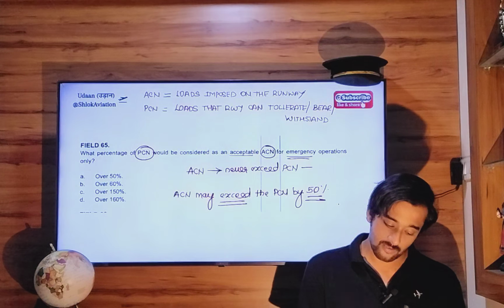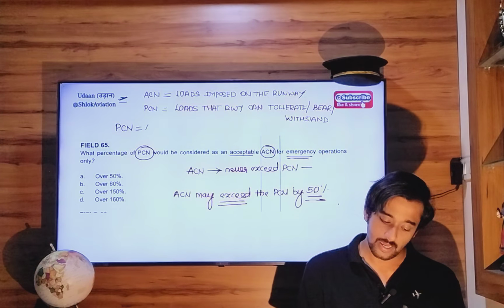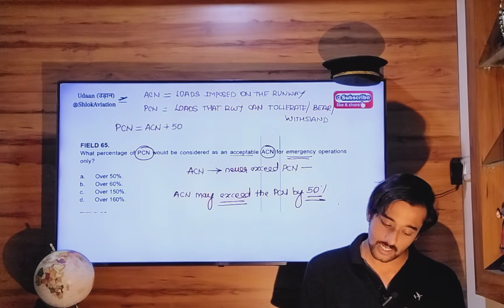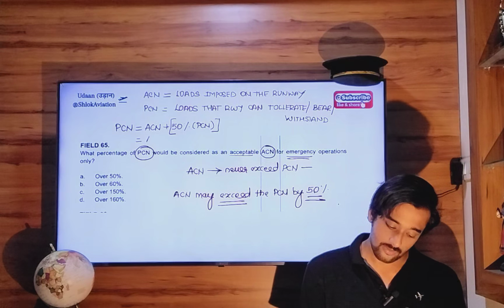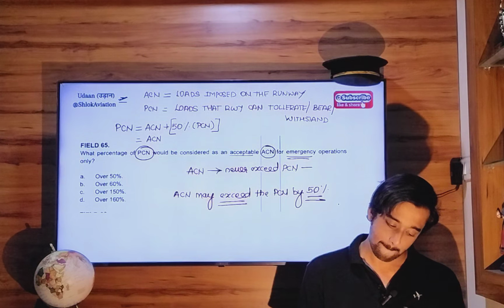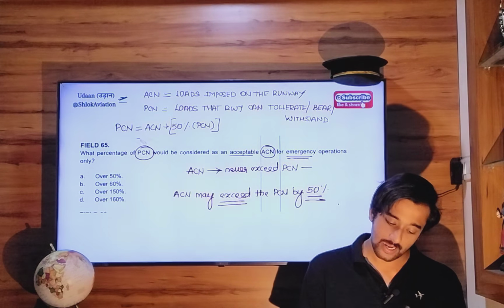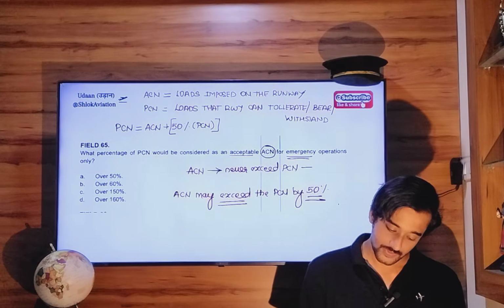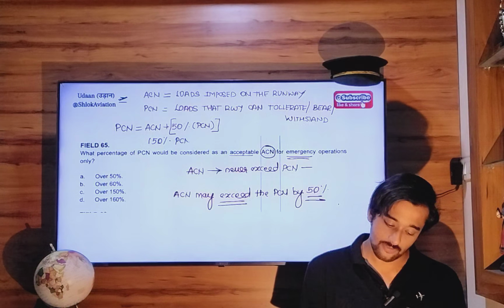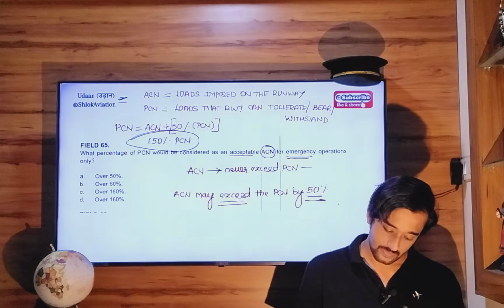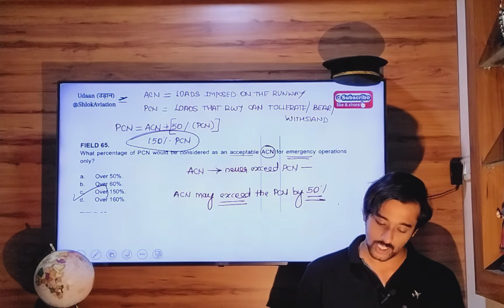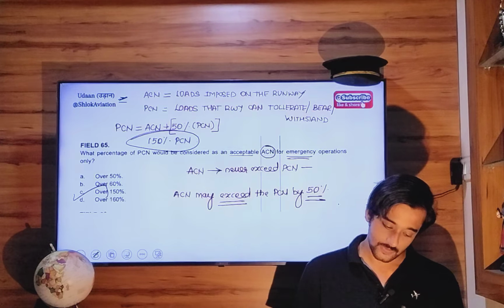So it can exceed, so the limit will be pavement classification number plus 50% of pavement classification number. So the final answer will be 150% of pavement classification number. Okay, so over 150%. Option Charlie.